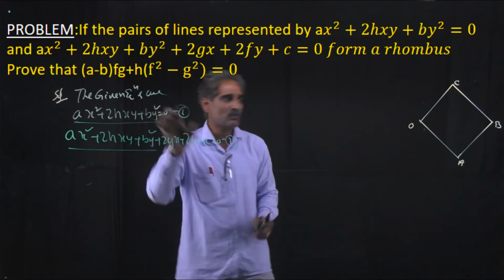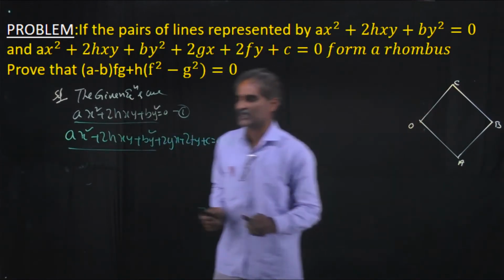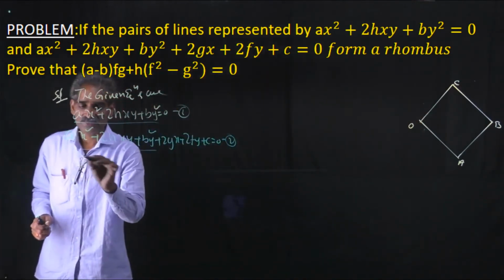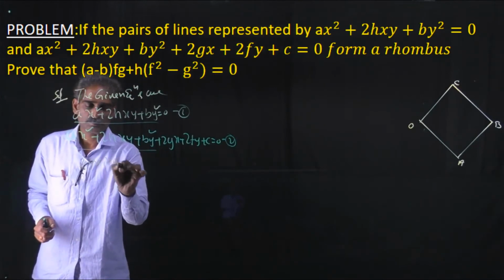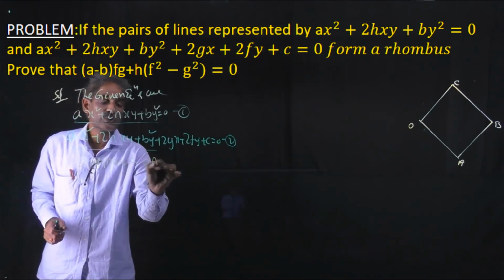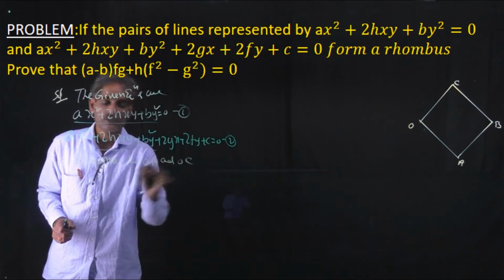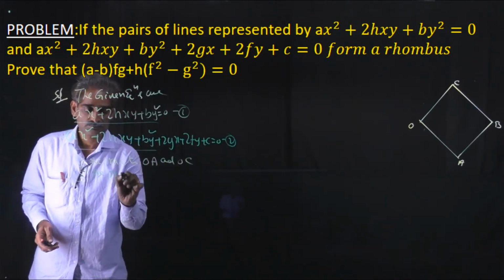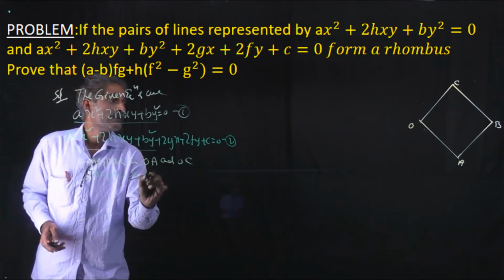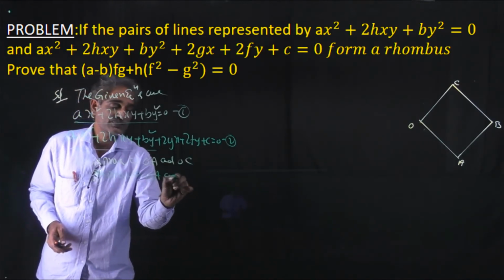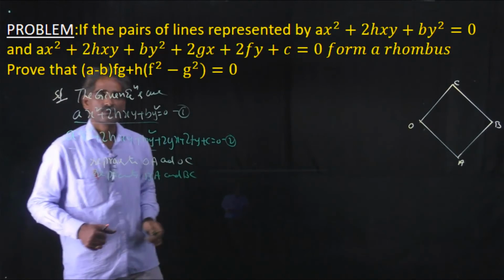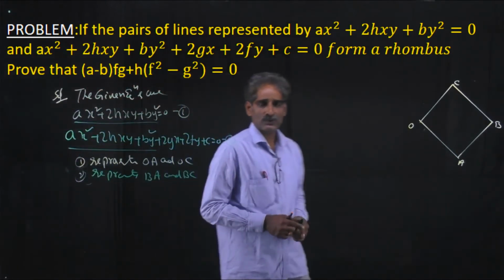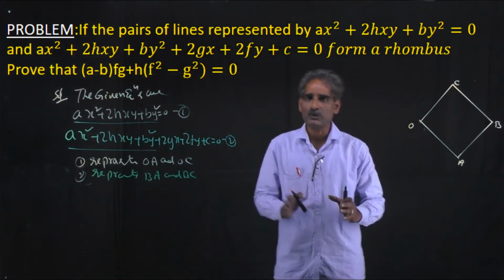Let us assume 1 represents the sides OA and OC, and similarly 2 represents BA and BC. With the help of the rhombus, we have to prove this condition.